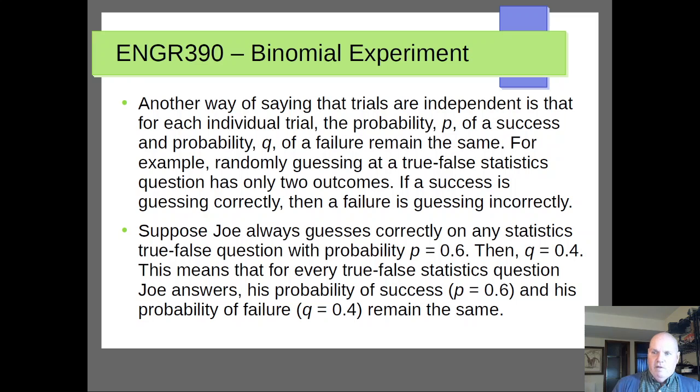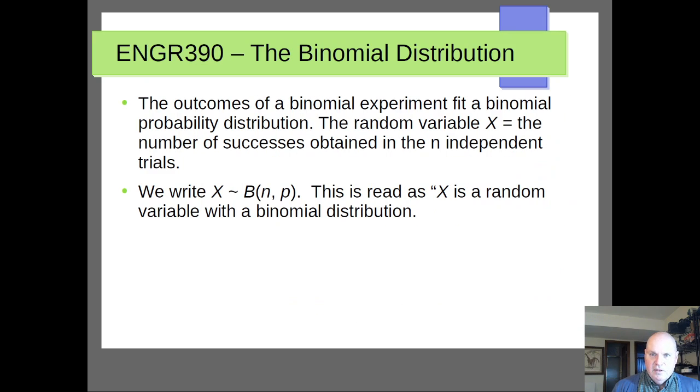This means that for every true-false statistics question, Joe answers, his probability of success and his probability of failure remain the same. I don't think that's really a good example of a binomial experiment. I would hope that any student would apply some knowledge they have out of the course to guessing problems, and they're going to know more in one area than another. Hopefully you're not guessing at all, but you kind of get the idea.